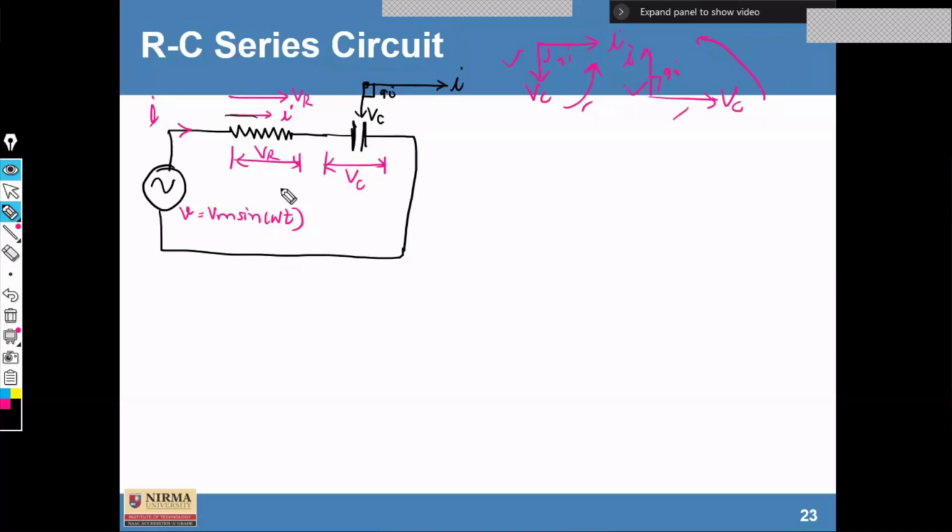Now, from these different vectors, we can write the various equations. Number one: the applied voltage V, or supply voltage V, is equal to VR plus VC.